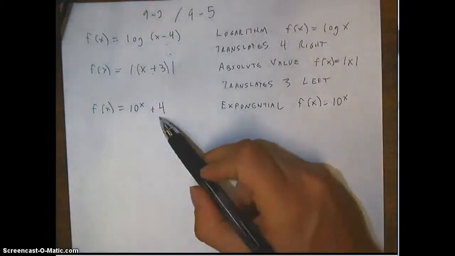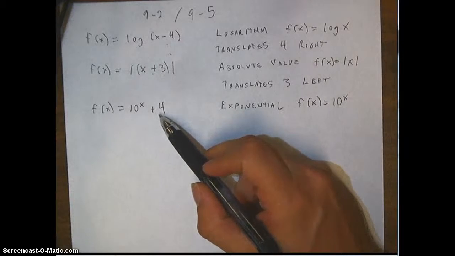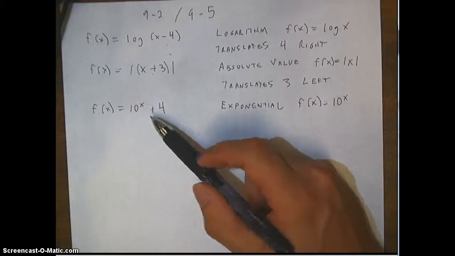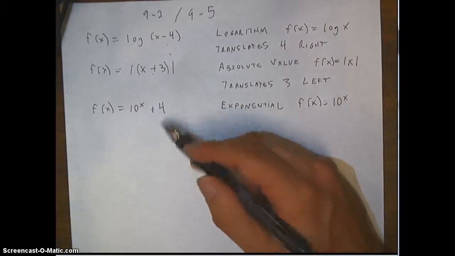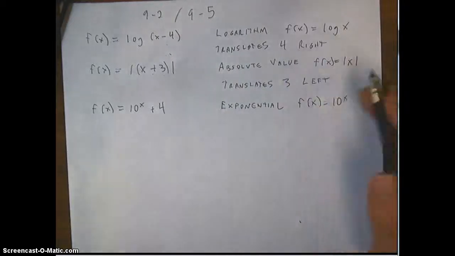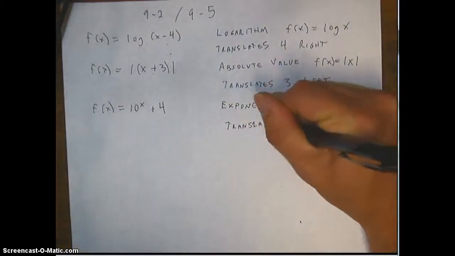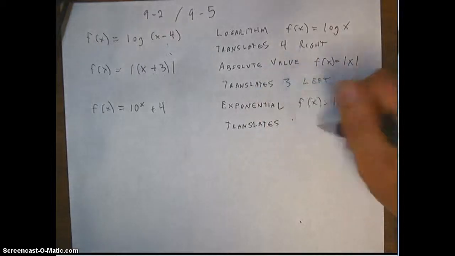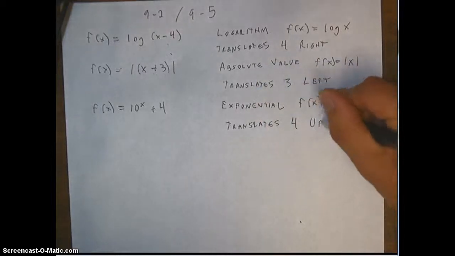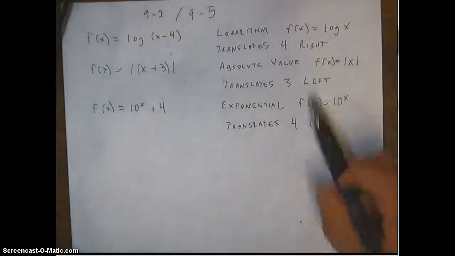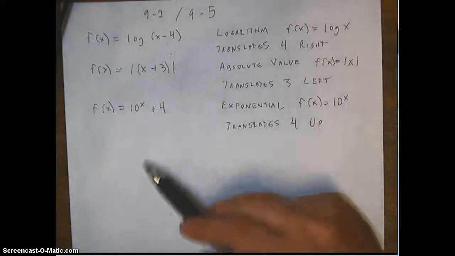So what's that plus 4 do? Well, when it's not happening to the x, that means it goes up or down. And this one's not counterintuitive. This one's exactly what you think it is. This one translates up 4. So when it's outside the parentheses, it's going to be up or down.